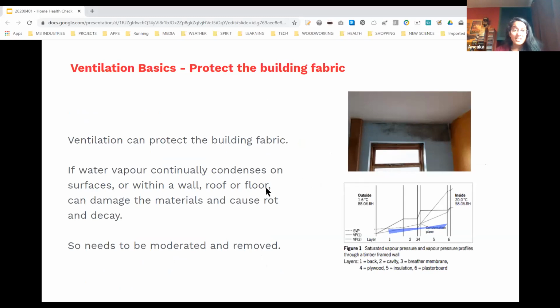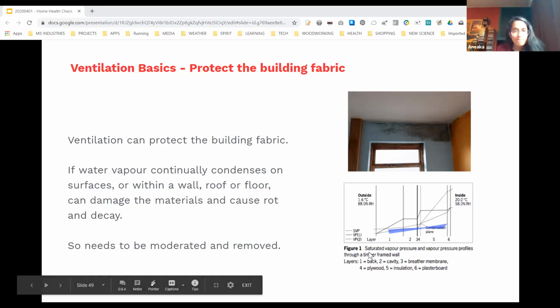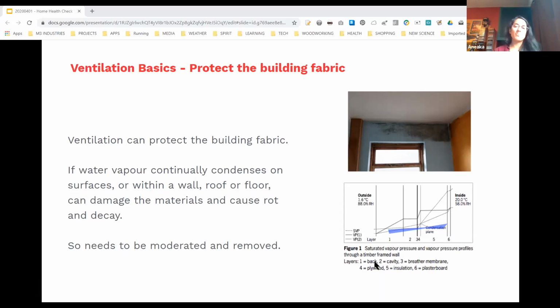So, as I said before, protecting the building fabric. Here we can see, I'm just moving these chat boxes out of the way, that you don't want to let warm moisture into your building fabric.